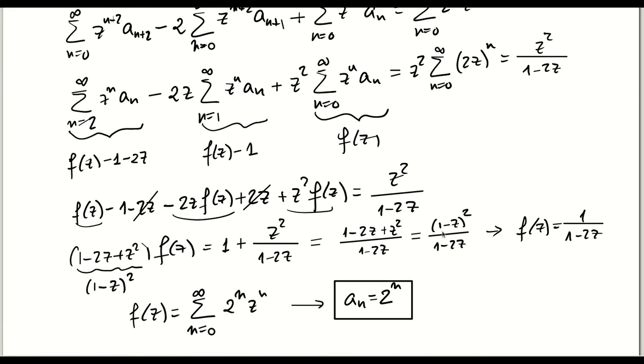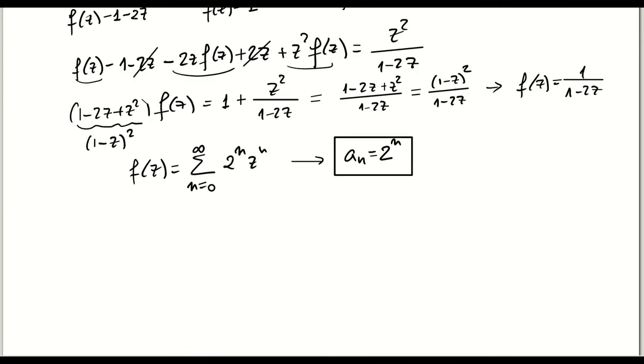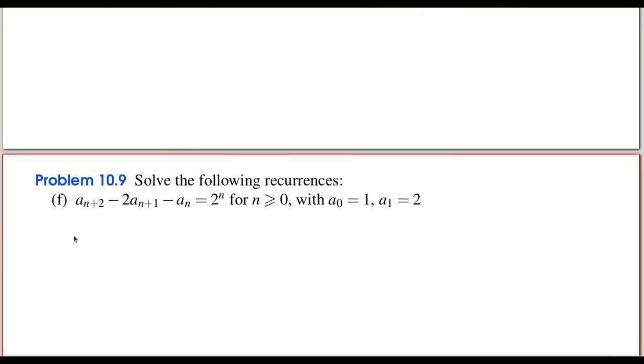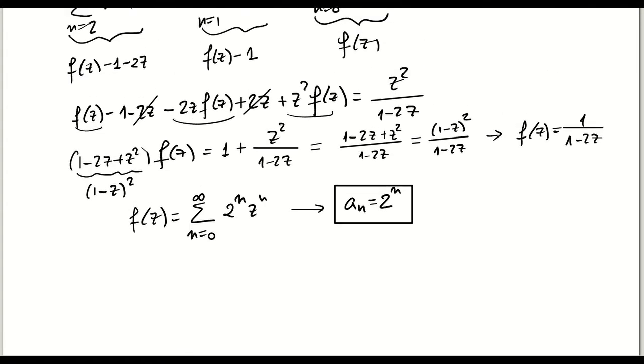So we have the same equation, this one, right? But with a minus instead of a plus there. So we have this 1 minus 2z minus z squared times f equal to, and on the right hand side we have something identical.